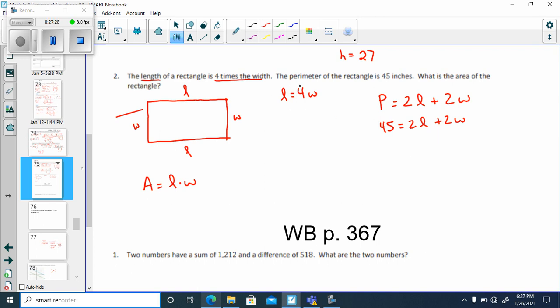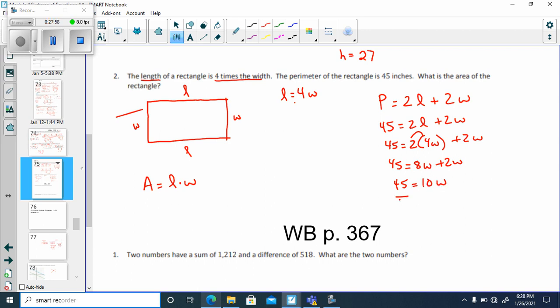Look, if the length's equal to 4W, can't I substitute this in right here for the length? 45 is equal to 2, and I'm substituting 4W in place of the length. Okay, 45 then is equal to 2 times 4, which is 8W, plus 2W. 45 is equal to 10W.